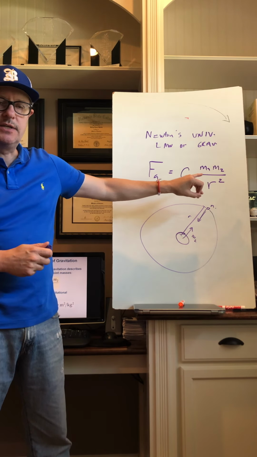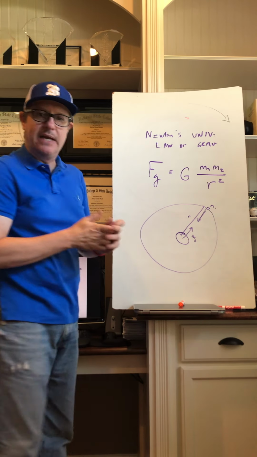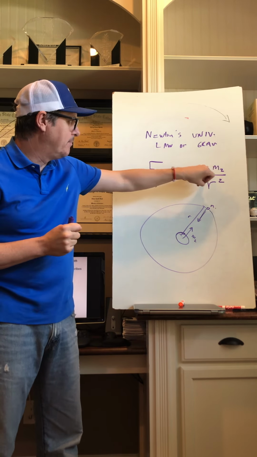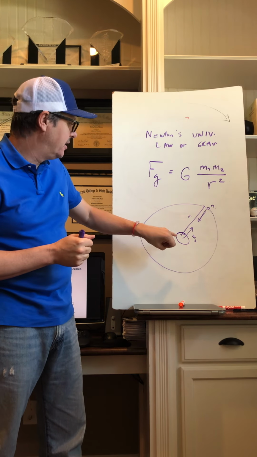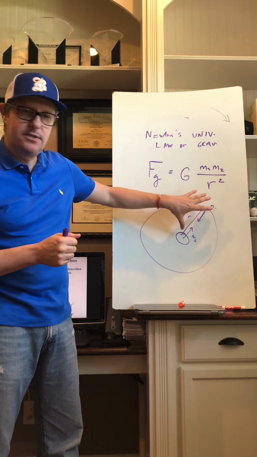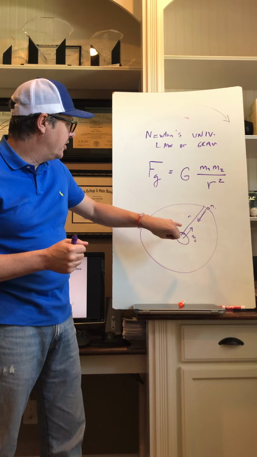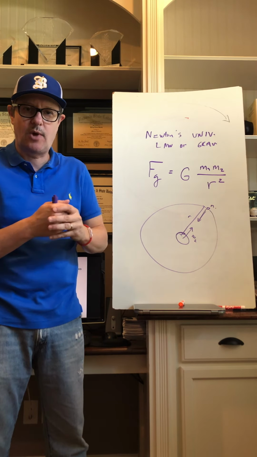Basically the gist is this. Let's do some simple math. If the numerator gets bigger and bigger, well, how's the numerator going to get bigger and bigger? These masses are bigger. So let's say you had the mass of the moon and the earth again. Well, those are pretty big masses. What if you had the mass of the sun in the center and the earth? Well, that just increased the mass drastically.